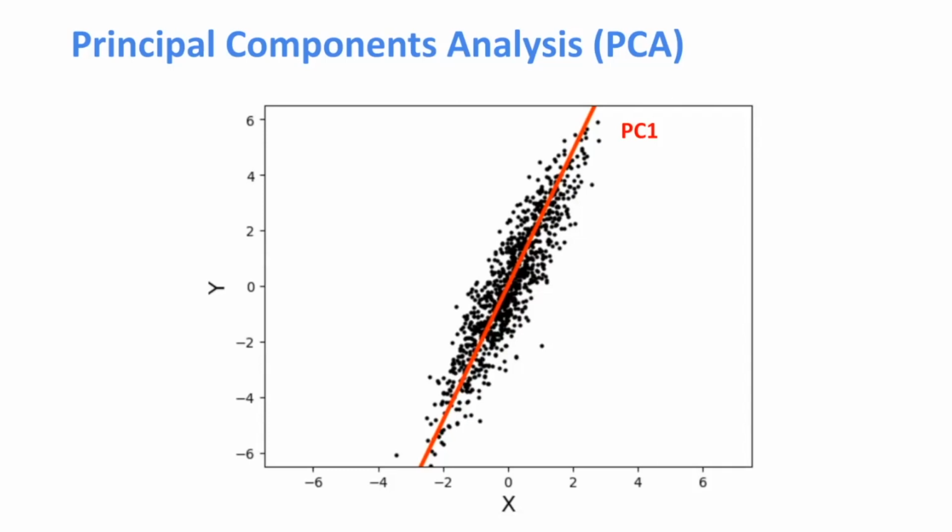So if we would just use this information, the first principal component, and remove the second dimension, the second principal component, we would maintain most of the variance from our original data.